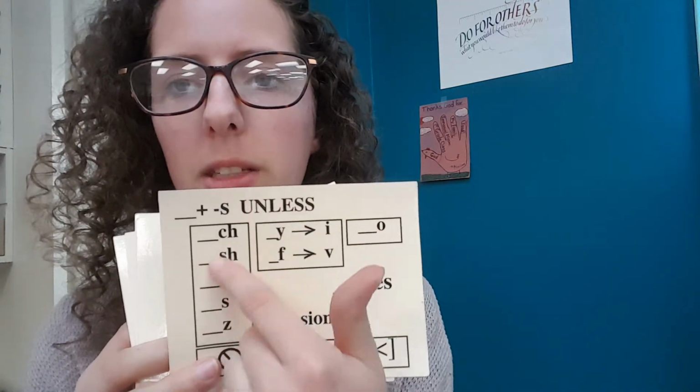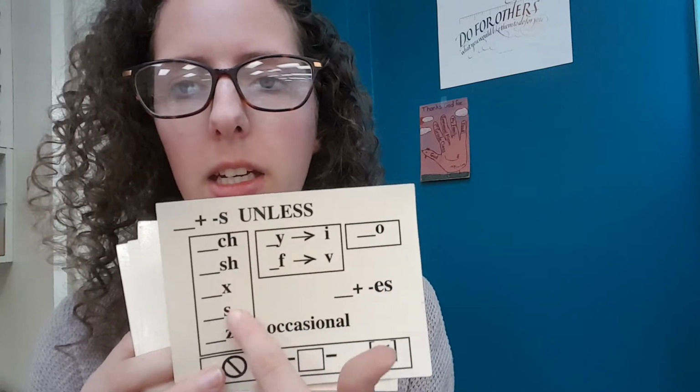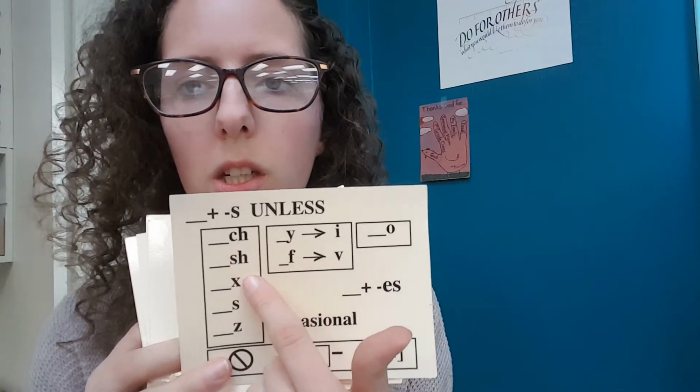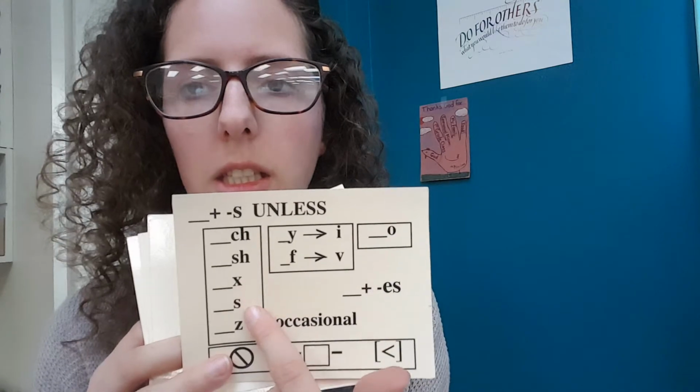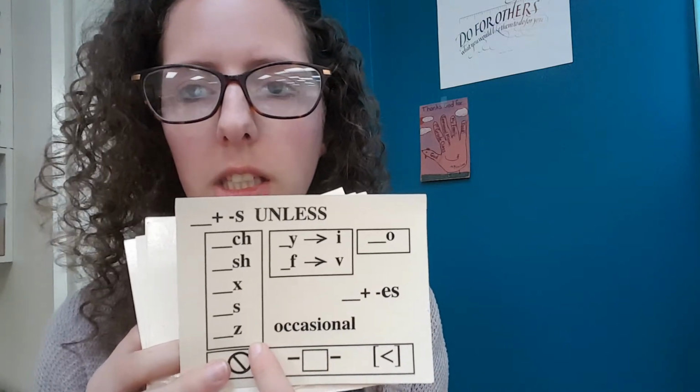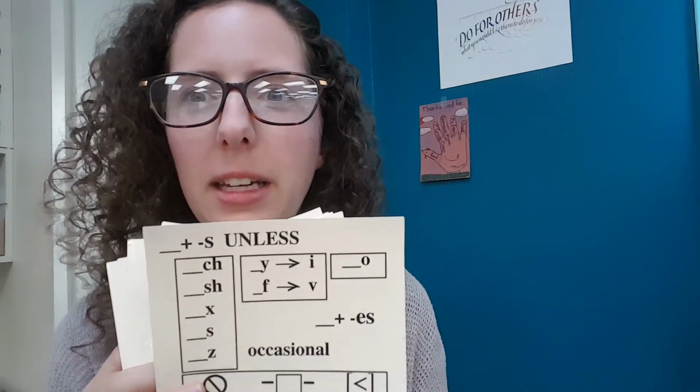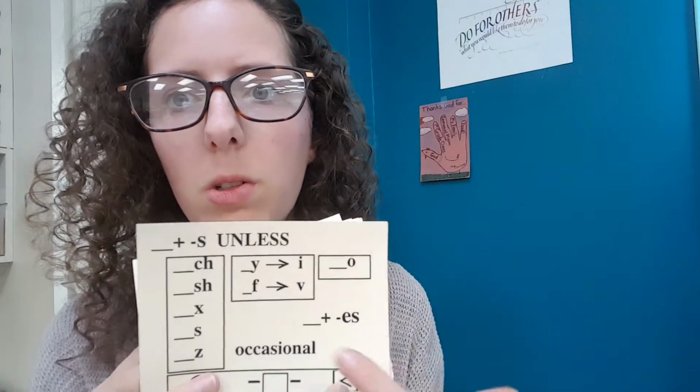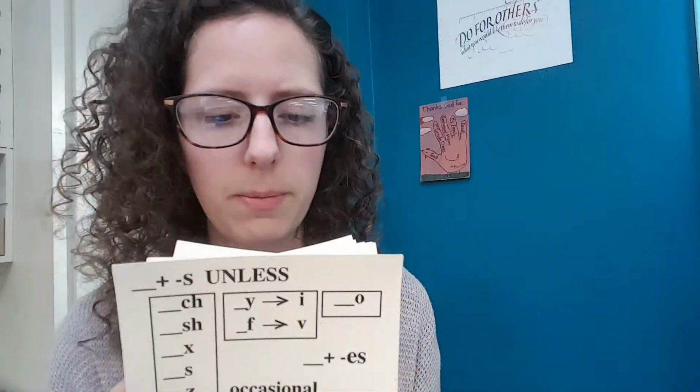The sounds at the end that cannot be there are ch, sh, x, z. Do you hear how that hisses? So with those words, you can't just add an S.